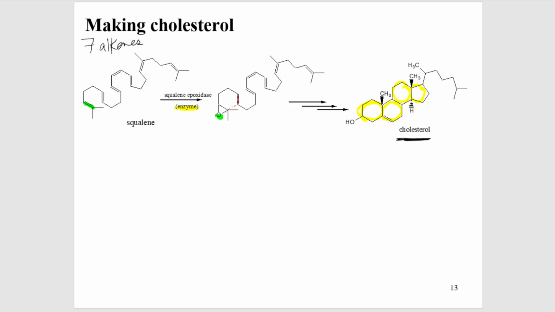And we know six-membered rings are nature's perfection, right? Bond angles are beautiful. There's no torsional strain. There's no angle strain. There's no ring strain in a six-membered ring. So the way that a squalene molecule is set up is that that next double bond can perfectly be used as a nucleophile to open up.